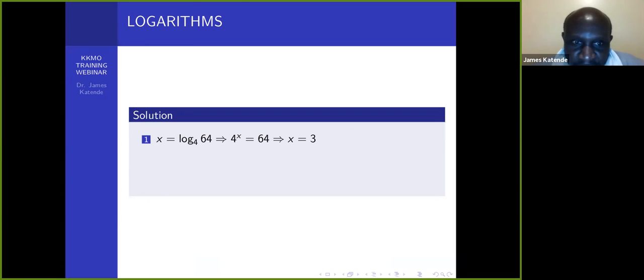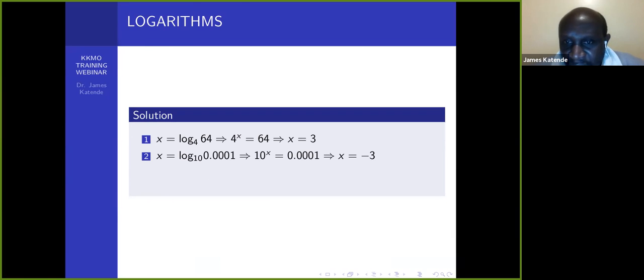Again, just making use of a definition. Again, here, if x is equal to log of 0.0001 to the base 10, it means that 10 raised to x should be equal to 0.0001. And that means x must be equal to negative 3. Again, just from the definition.